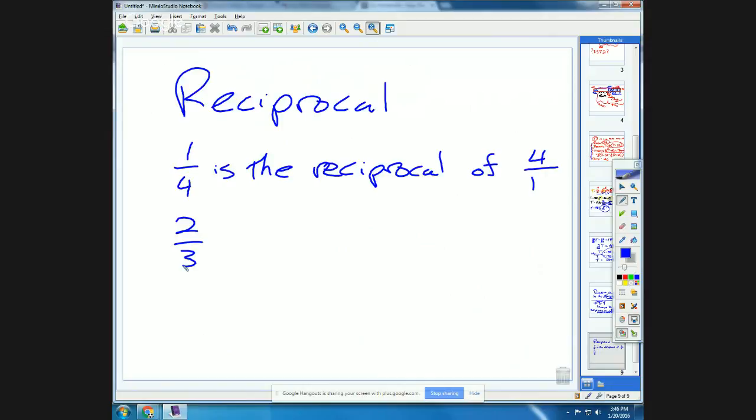Two-thirds versus 3 halves, 3/2. So we're exchanging the numerator for the denominator. And what does the fraction bar mean? It is division.